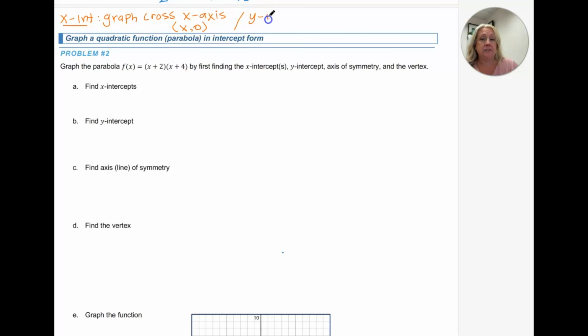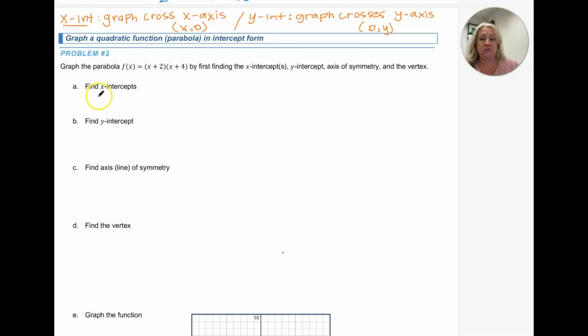Now our y-intercept is where the graph crosses the y-axis, and the point looks like 0 comma y.